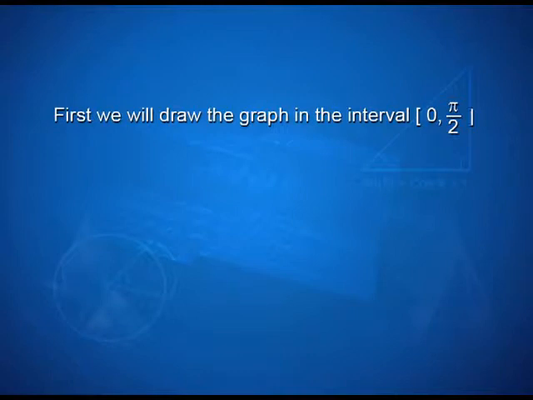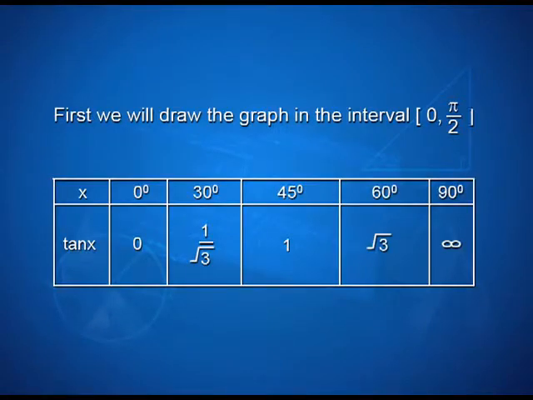For this, we use the table as shown on your screen and the fact that tan x is increasing in this interval. We find here tan 0 is 0, tan 30 is 1 upon root 3, tan 45 is 1, tan 60 is root 3 and tan 90 is infinity.